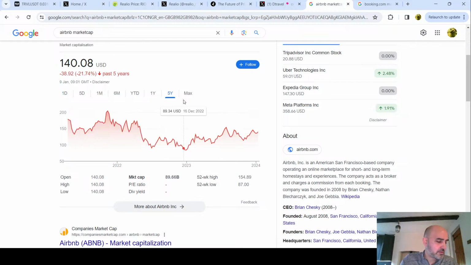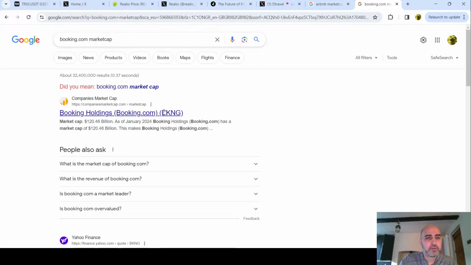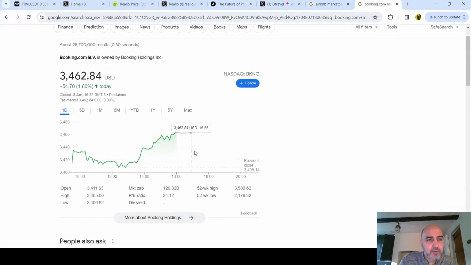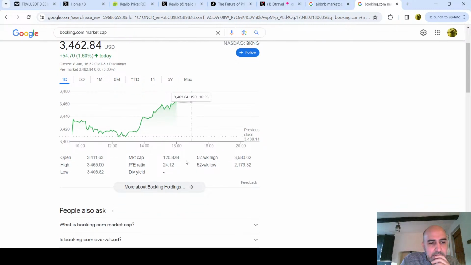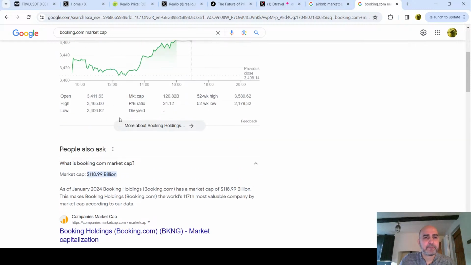Is it appearing? There it is. See that? Booking.com market cap. What does that say? $118 billion. See that? That's the market cap.